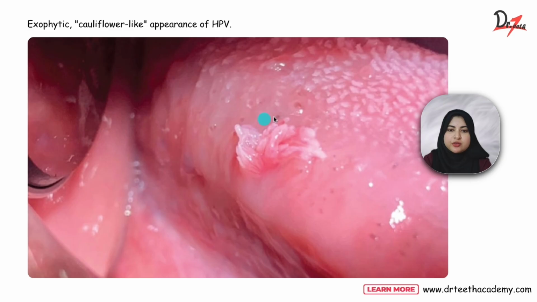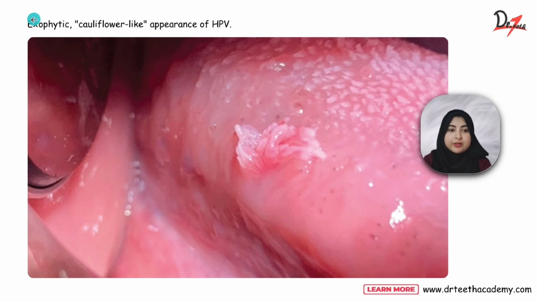Finally, moving on to the fourth option, which is the human papilloma virus, HPV, which is the right answer. So remember, HPV constitutes a substantial group of viruses which are recognized for inducing warty lesions. They induce cutaneous and mucosal warty lesions. These lesions exhibit an exophytic cauliflower-like morphology.